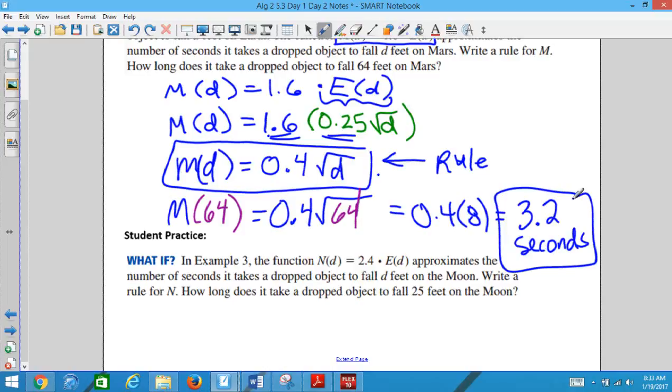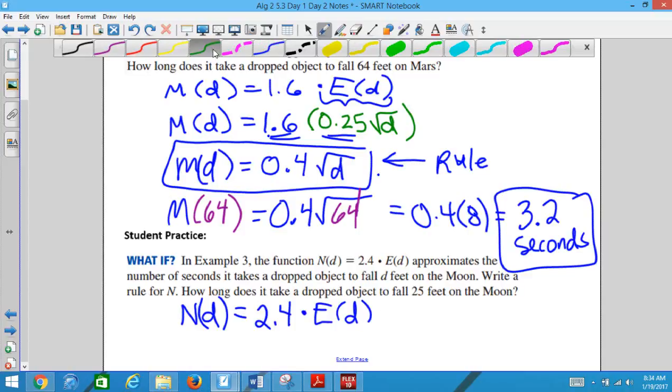You didn't write down my first step. It's on the board still. So you didn't write down the first step to see what was happening in the second step. So the very first thing that we're going to do is we're going to try to find n of d. And what is n of d? N of d is equal to, it says it right here, 2.4 times e of d.